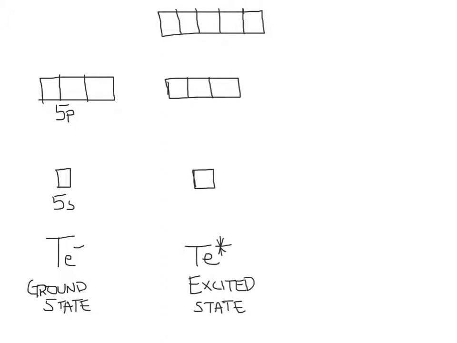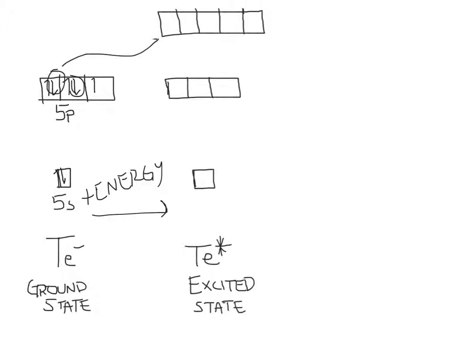Now in beryllium, the central atom, the ground state normally has 6 valence electrons. However, since it is a negatively charged ion, we are going to add that last electron right here. Now, with a little bit of energy, we are going to promote 2 of these electrons, and those are going to go into the 5d orbital.